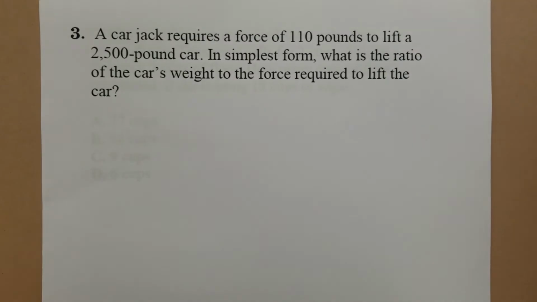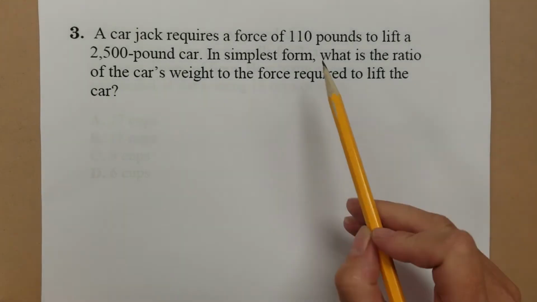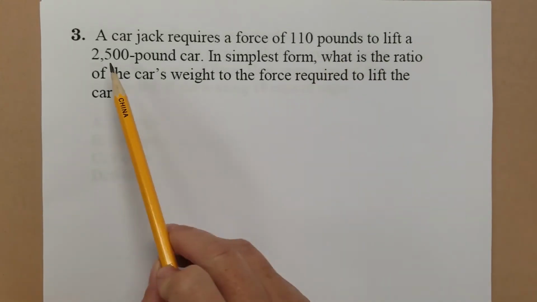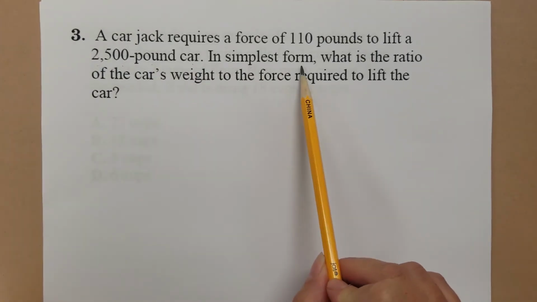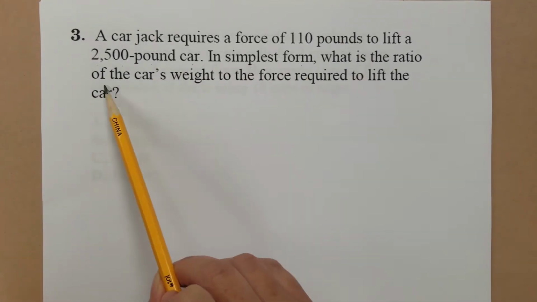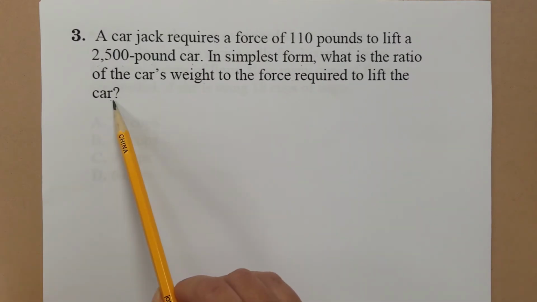Question number 3. A carjack requires a force of 110 pounds to lift a 2,500 pound car. In simplest form, what is the ratio of the car's weight to the force required to lift the car?